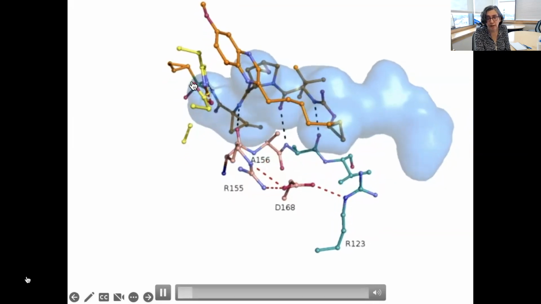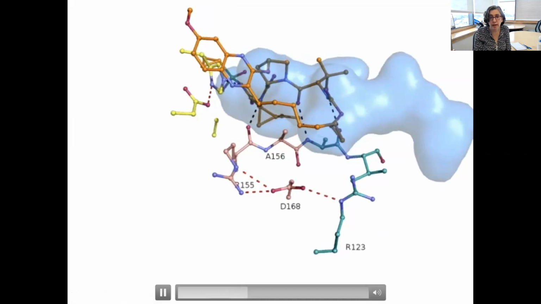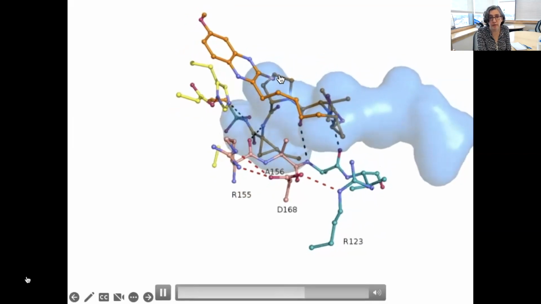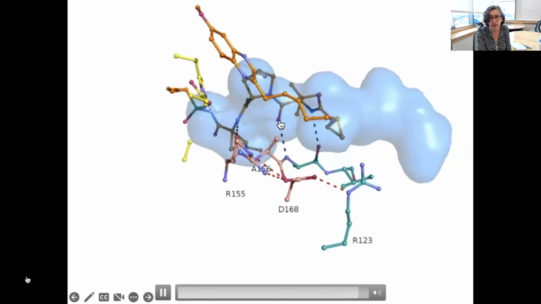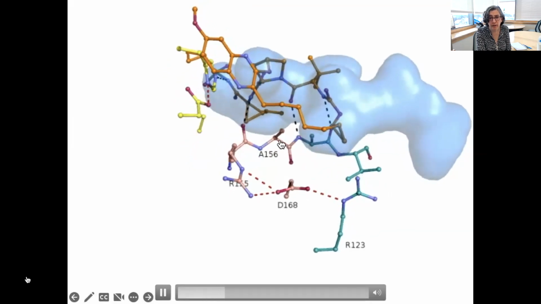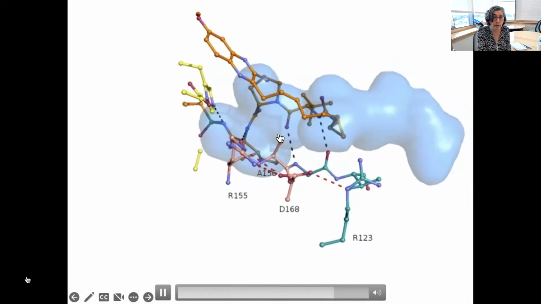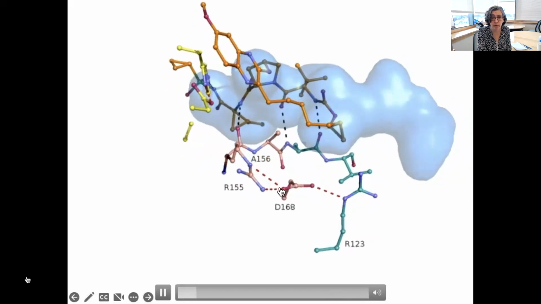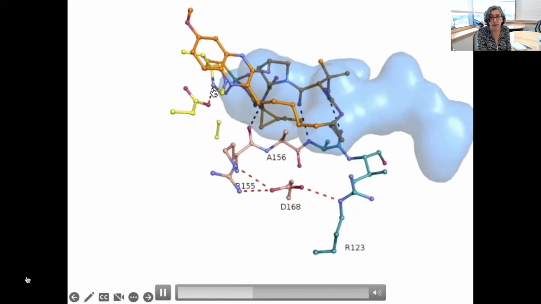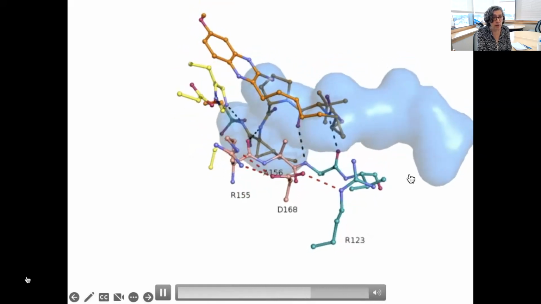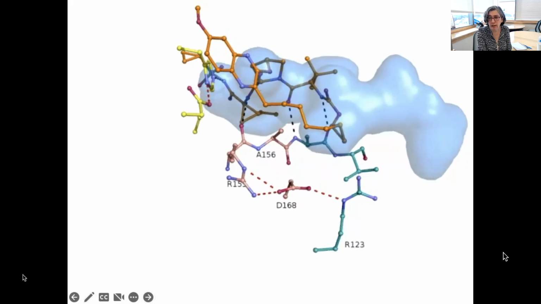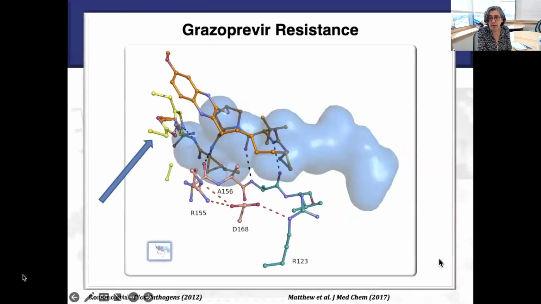The catalytic triad, of course, can't mutate either, so it's structurally invariant, but it has this large macrocycle that is packing specifically over this little alanine that can mutate to a valine or threonine and cause resistance, or this aspartic acid that can become an alanine and lose packing of this. So, it had some good things in going against the catalytic triad, but some not so good things about forming this macrocycle over residues that are known to be variant.